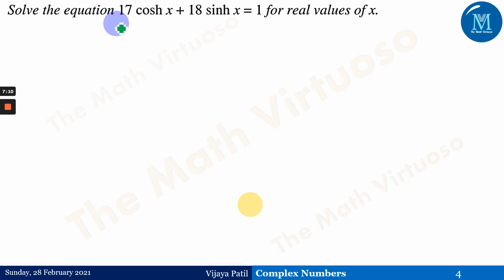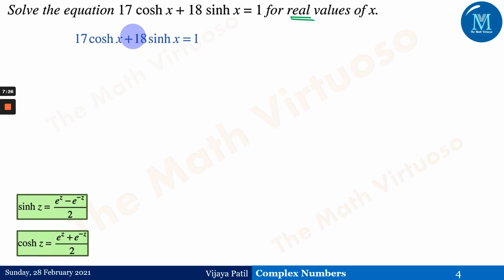Now solve the equation 7 cos hyperbolic x plus 18 sin hyperbolic x is equal to 1 for real values. So very important, for real values of x. This can be written using the formula sin hyperbolic z is equal to e to the power z minus e to the power minus z by 2, and cos hyperbolic z as e to the power z plus e to the power minus z by 2.